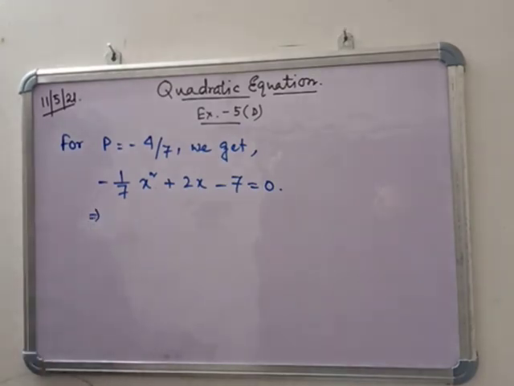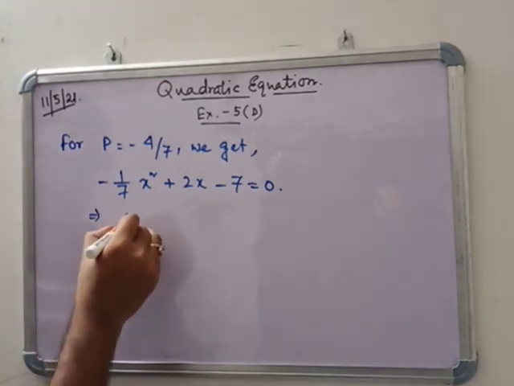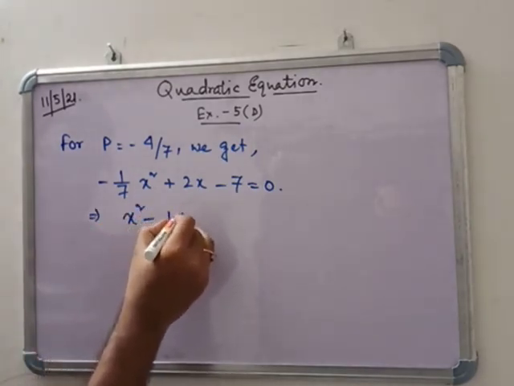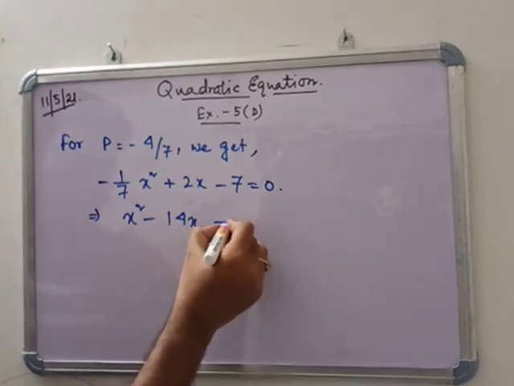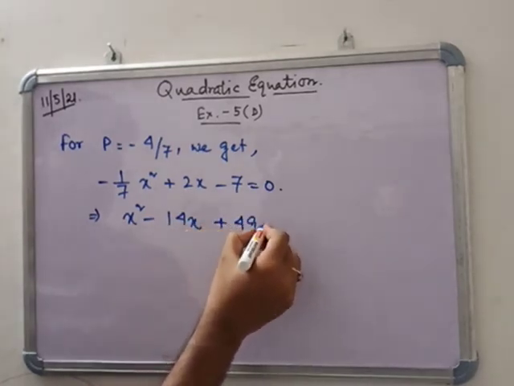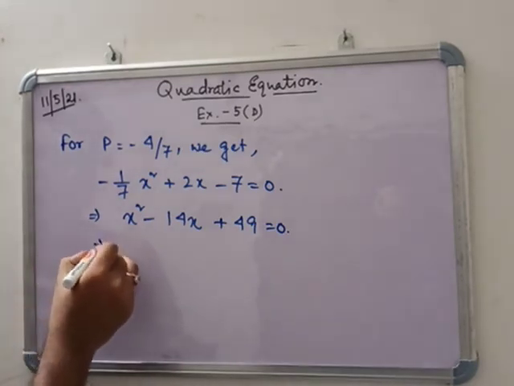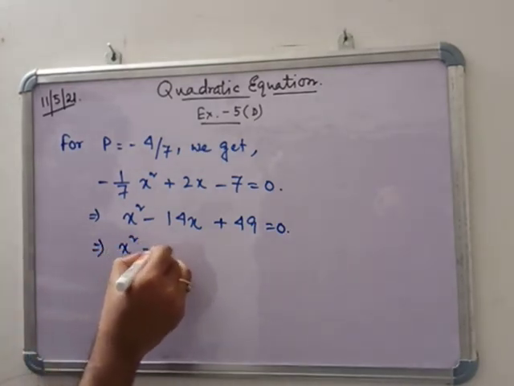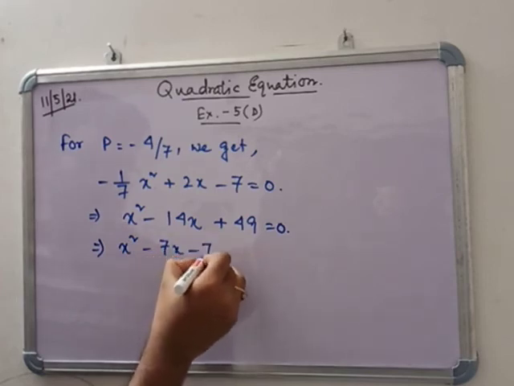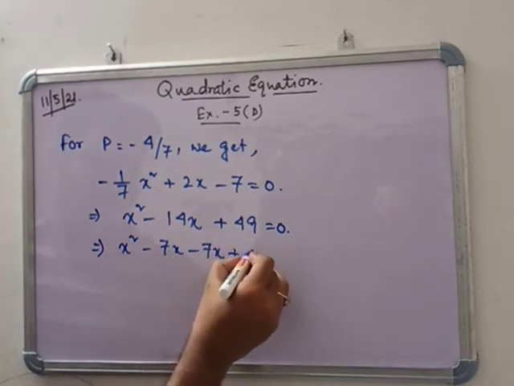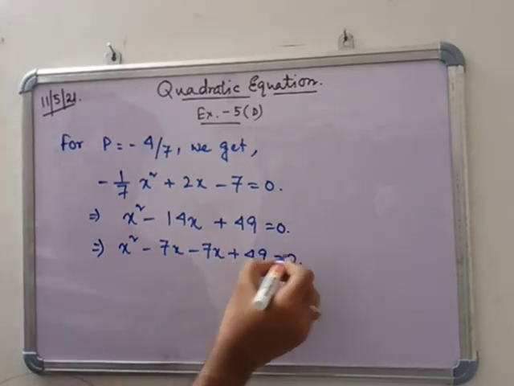That implies x square minus 14x plus 49 equals to 0. That implies x square minus 7x minus 7x plus 49 equals to 0.